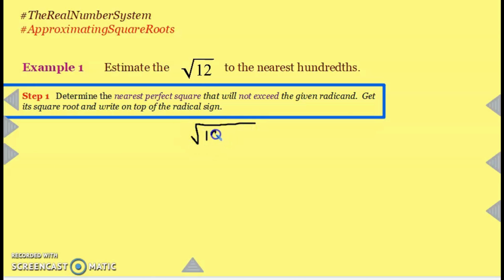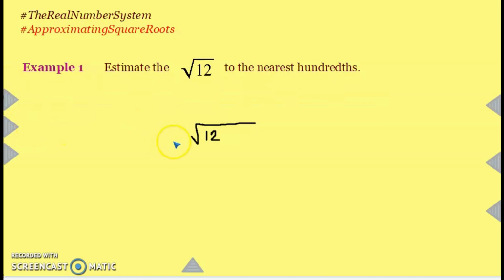And then sabi, nearest perfect square kay 12 na hindi lalagpas kay 12. At yun ay 9. So balik muna natin to. The nearest perfect square to 12 is 9. And sabi doon, get the square root. Ang square root ng 9 ay 3. And write it on top of the radical sign. So, 3.